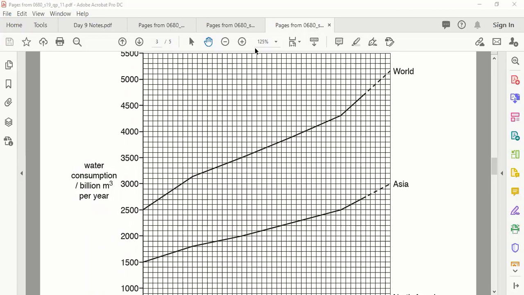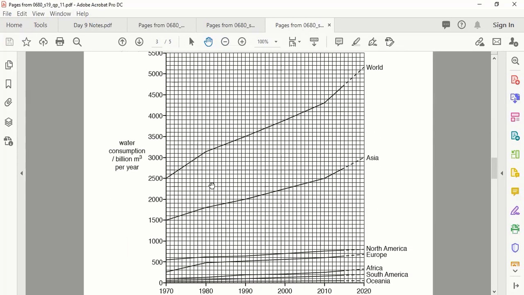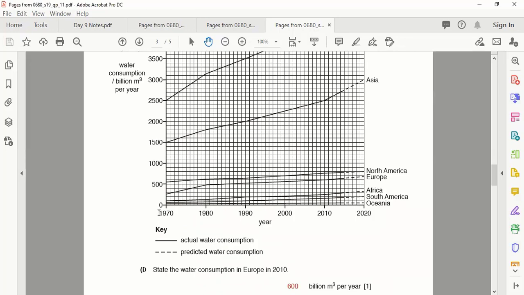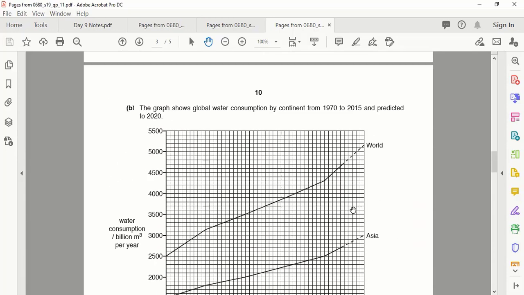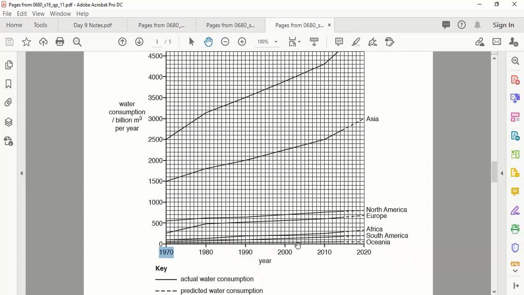Understood what is mentioned by the question? This graph shows from 1970 up to 2020, or whatever they mentioned, to 2015 and predicted. Okay, and we have to take 2015, somewhere here.